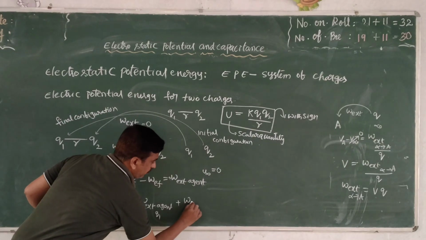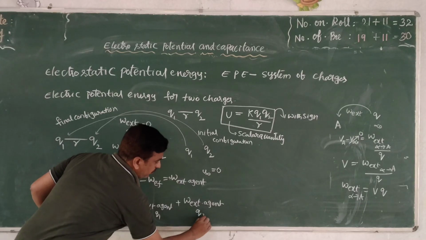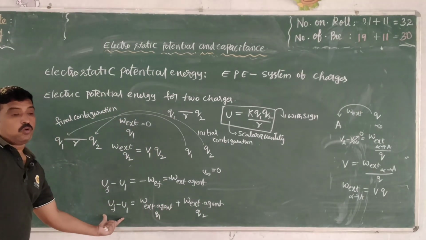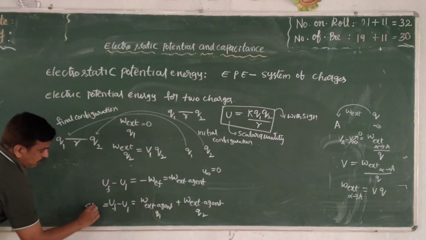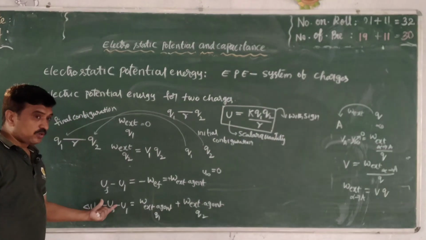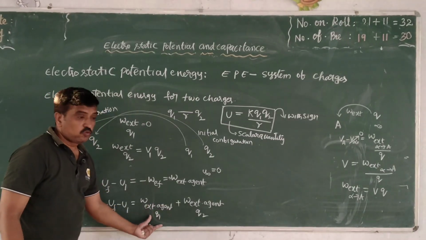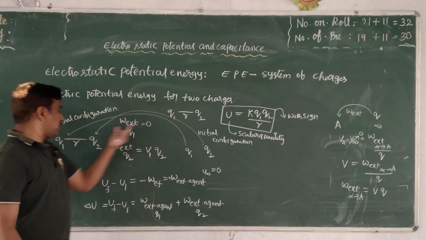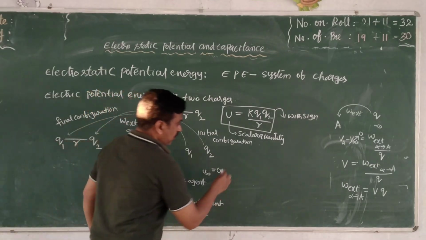This sum of total work done is equal to electrostatic potential energy. So we can write delta U, change in potential. Change in potential means final potential minus initial potential, equal to work done by external agent in bringing Q1 charge from infinity to this configuration plus work done by external agent in bringing Q2 charge to this configuration, at a distance from the first charge.